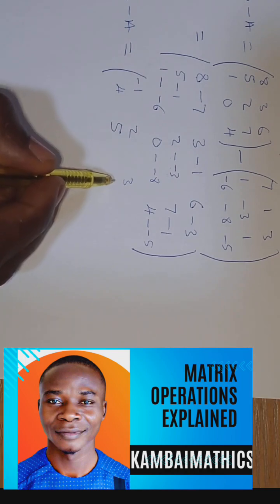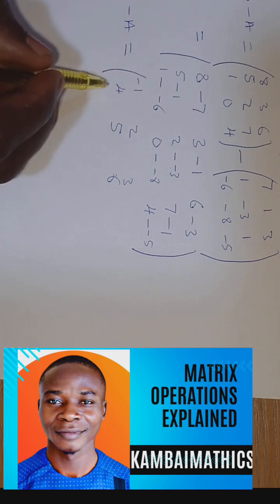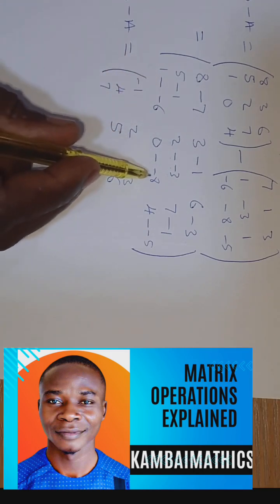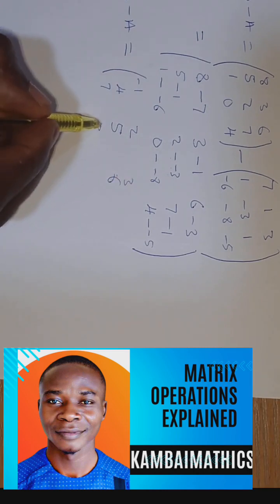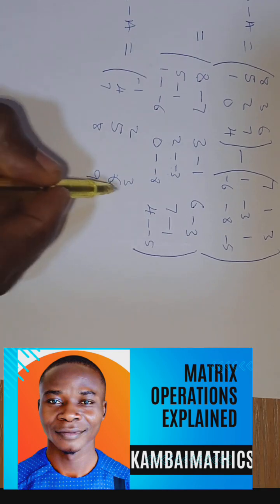And then 7 minus 1 is 6. 1 minus minus 6, that will be 7. Then minus minus is plus, then we have this to be 8. And finally, this minus minus will give us 9.